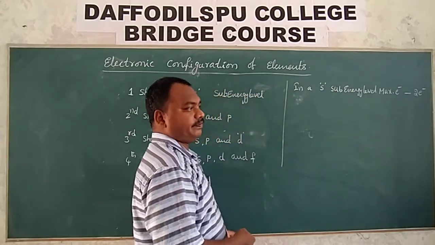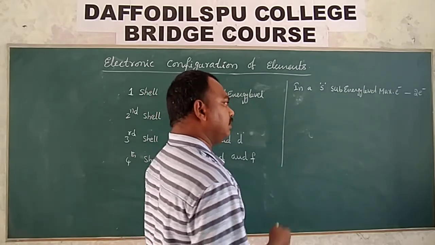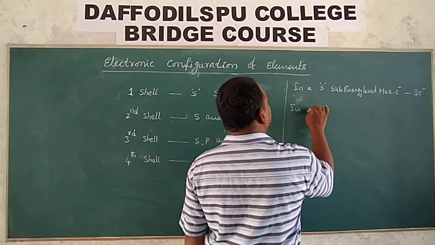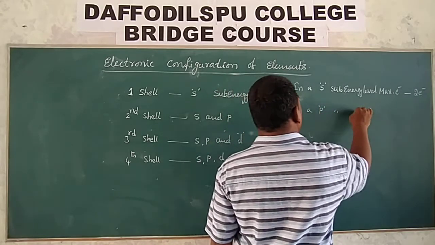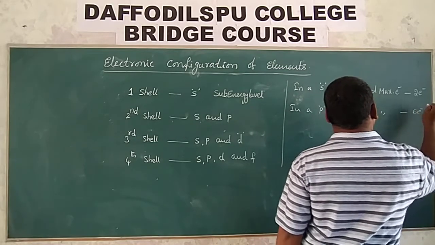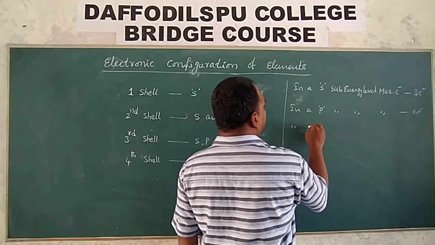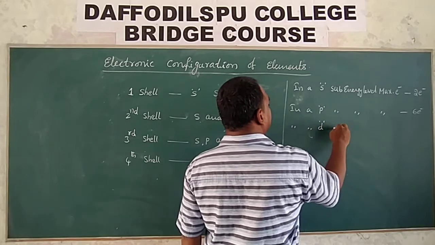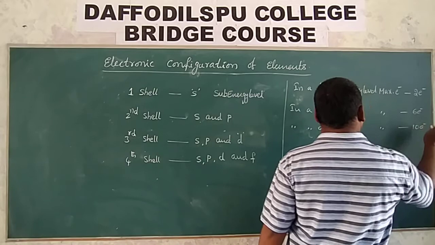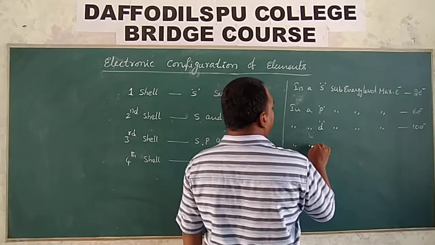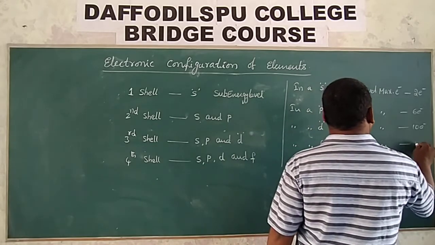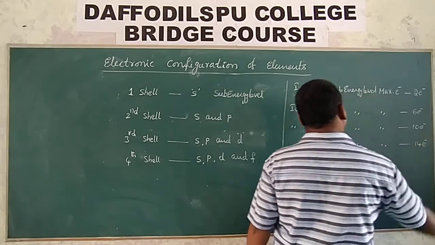You can put one electron also, but the maximum is only 2. In a P sub-energy level, maximum number of electrons is 6. In a D sub-energy level, maximum is 10 electrons. In an F sub-energy level, maximum is 14 electrons.